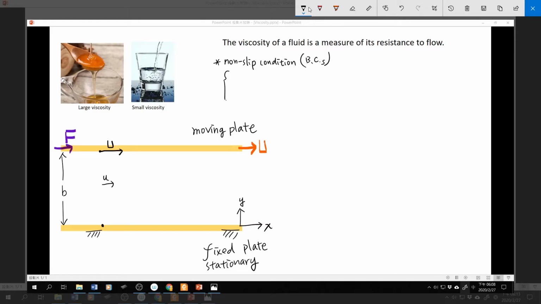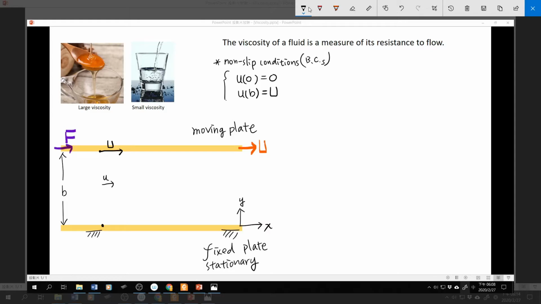So for these non-slip conditions, when y equals 0, velocity equals 0, and when y equals b, which is the gap between the plates, the velocity equals the bigger U, right? This is for our non-slip conditions.